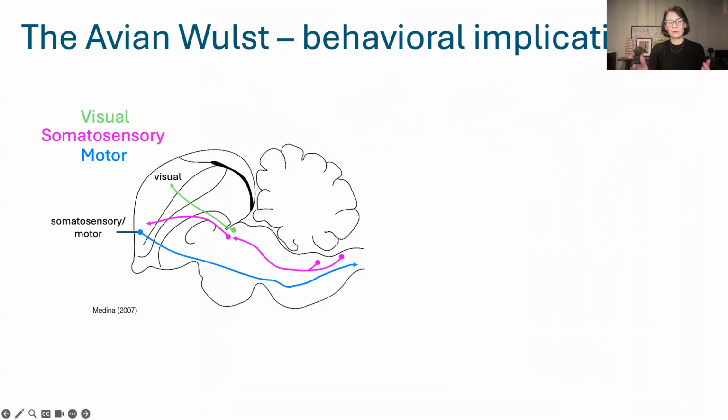So what is a Wulst doing in the fossil record? What are these dinosaurs doing with their Wulst? Think back to what I said about its function. You have a visual zone and a somatosensory zone bringing in information from the body, and these two types of sensory information are integrated and inform those motor neurons how to move the forelimb and manipulate the hand.